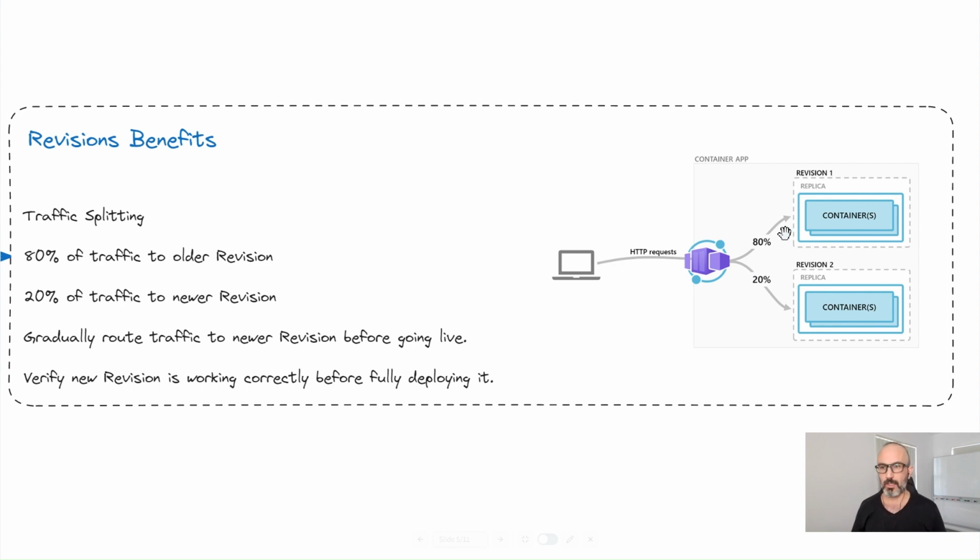You would keep sending 80% of your traffic to the older stable version of your container app, and send 20% of the traffic to the new container, just to make sure that everything is working correctly before you fully deploy your new revision and migrate it to production.